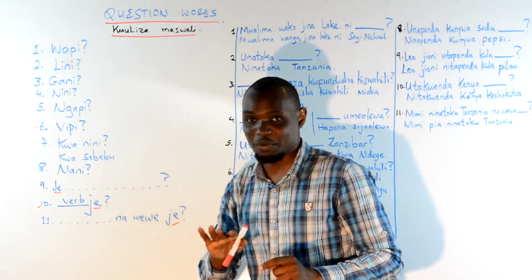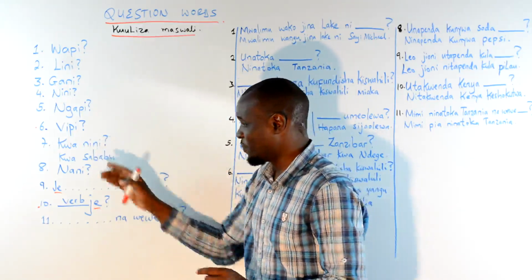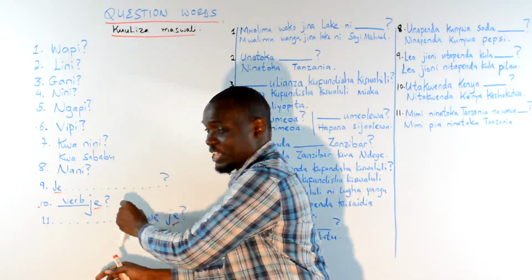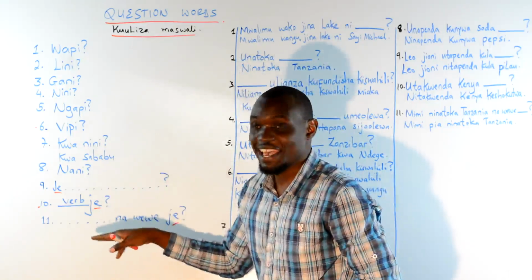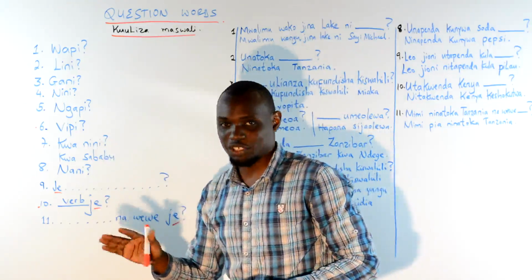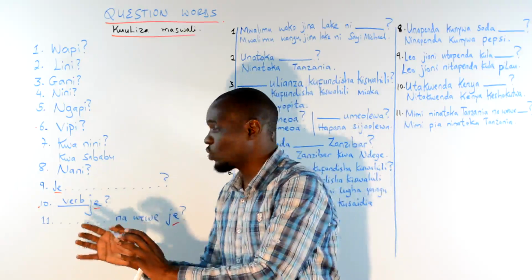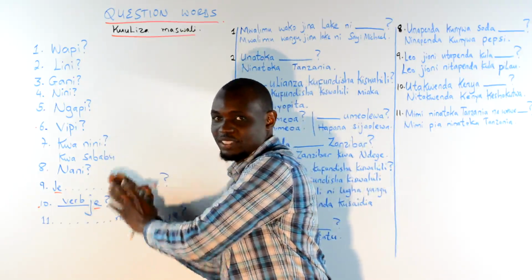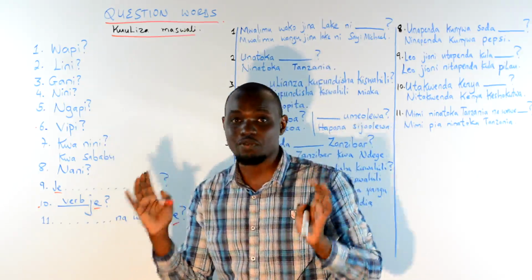These are interchangeable. Vipi is long, this is just a J. You say the verb and then you say J, means how. So you will hear this J more often than vipi, but they are interchangeable. It's not like you are wrong when you use this J instead of vipi or vipi instead of J. No, you are all right.